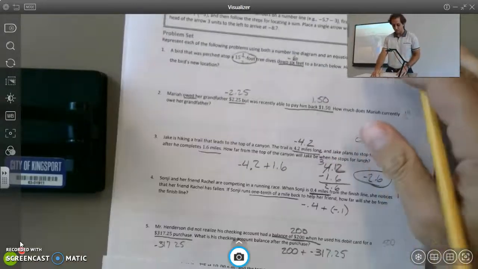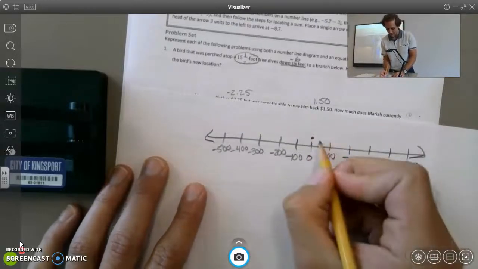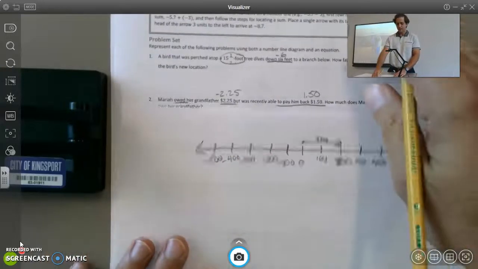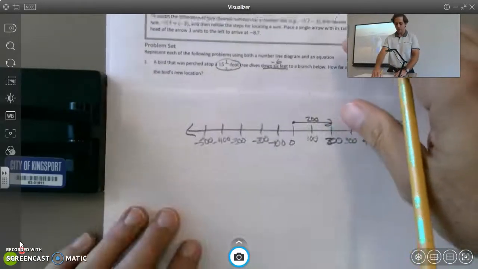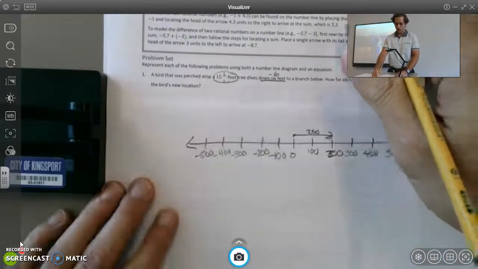He has $200, so let's go to the right, 200. He spends $317.25.